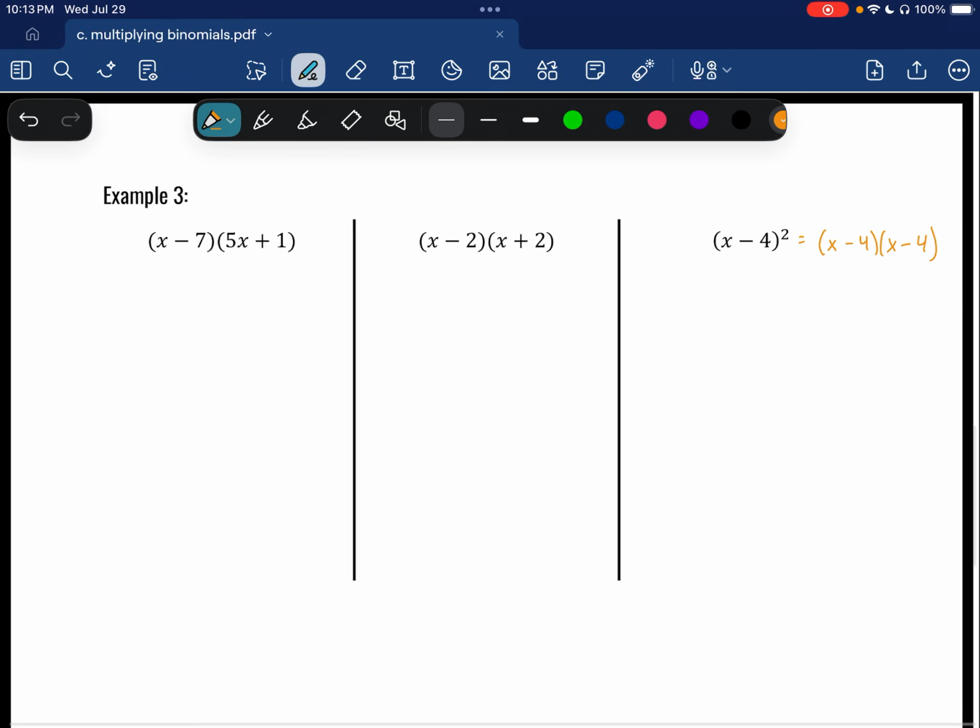Alrighty, so here we go. We got x minus 7 times 5x plus 1. So I'm distributing.